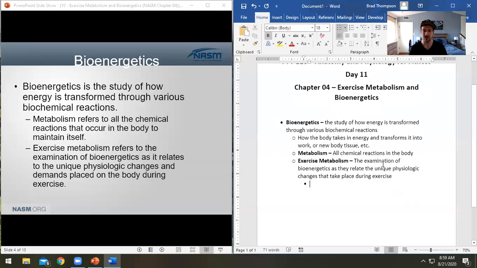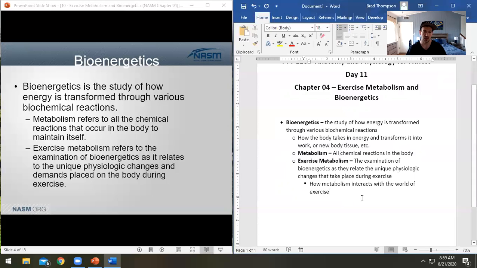So when we say exercise metabolism, we're describing how metabolism interacts with the world of exercise. That's really a much simpler definition, but that's what we mean, right?